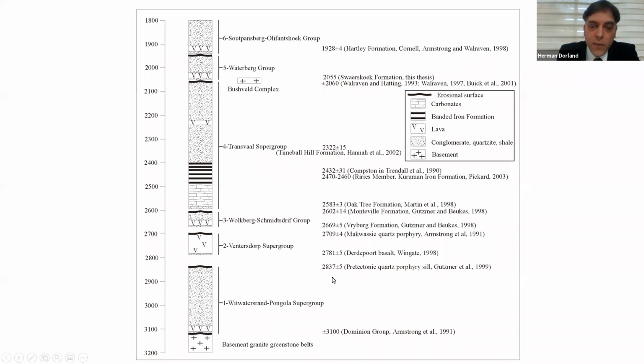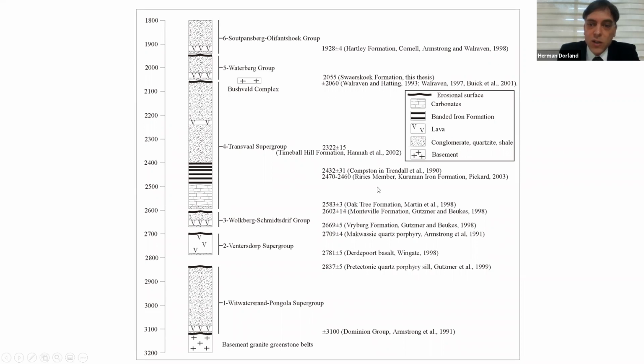And at that stage, there was already quite a number of radiometric ages measured for these successions. For example, in the Wits, Jens Gunsberg measured the porphyry sill at 2837 million years, and there were many dated units in the Transvaal supergroup and the lower Transvaal supergroup.